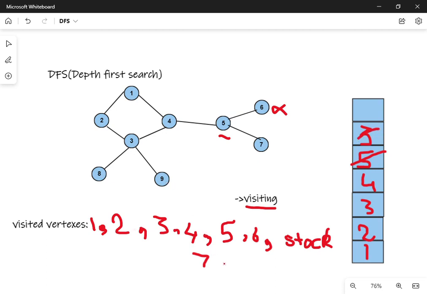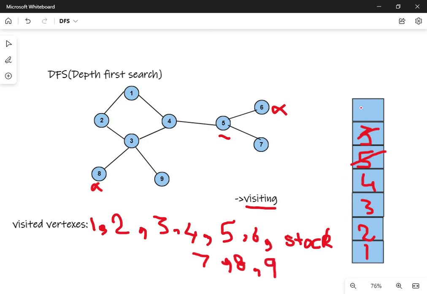Now I am visiting 8. And 8 has no further adjacent vertex, so it moved back towards 3. The adjacent vertex of 3 that is left is 9.